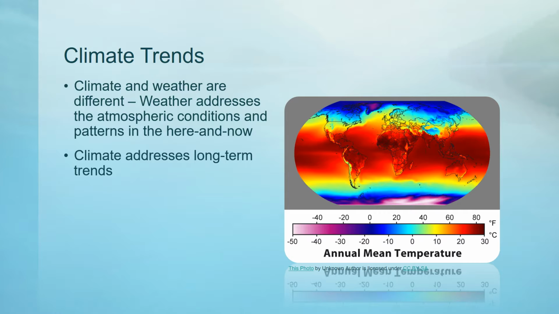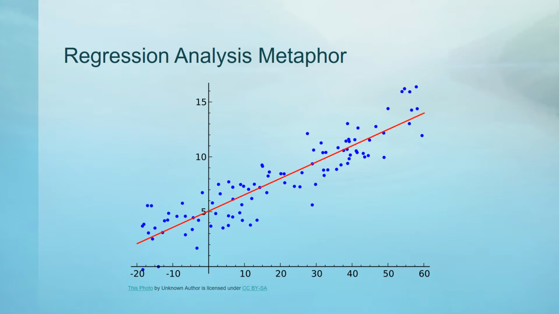An example I use is regression analysis. Think of it this way: you look at an observable at a certain point in time, measure whatever it is, and put a dot there, and over time you look at these other dots, and then you calculate least squares.